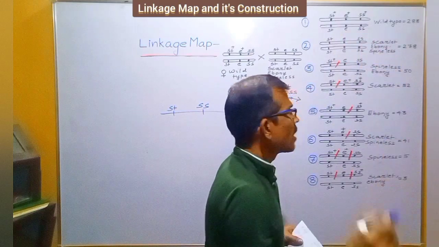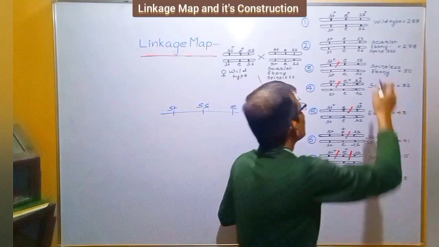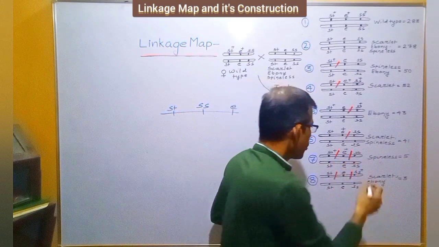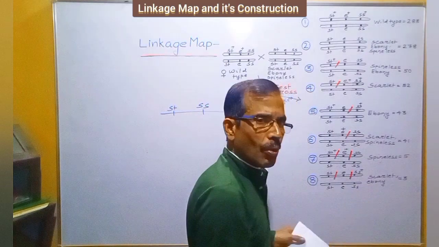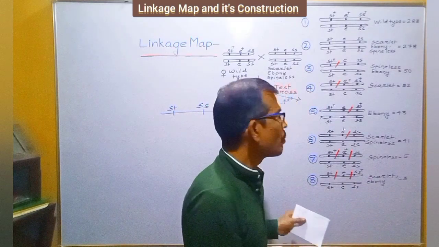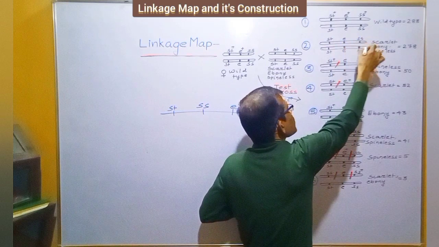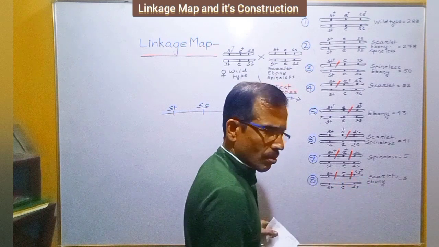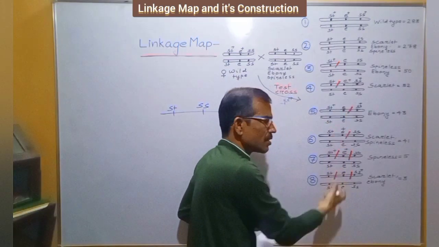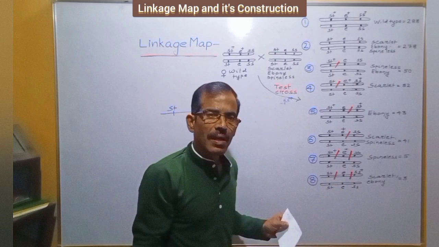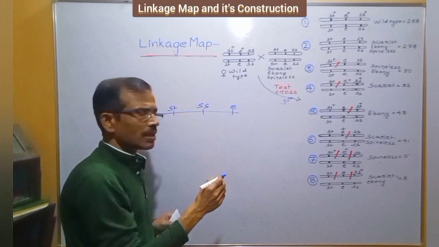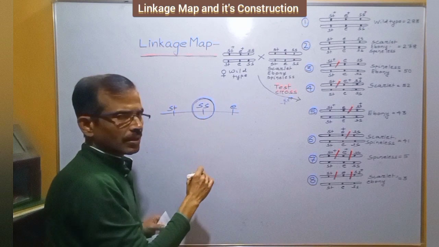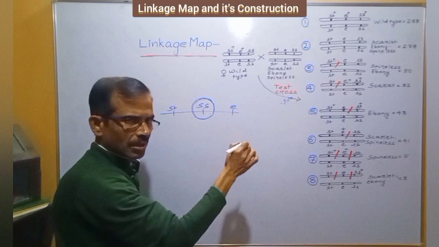Non-recombinant phenotypic class have wild type alleles for normal bristles, whereas these double crossover progenies have the locus for spineless bristle. We'll get the same result if we compare the second phenotypic class of non-recombinant progeny with the eighth phenotypic class of double crossover. So by analyzing this arrangement of genes, we can clearly say that out of three different genes, it is the gene for bristle which must be present at the center. So this is the correct order of the genes.